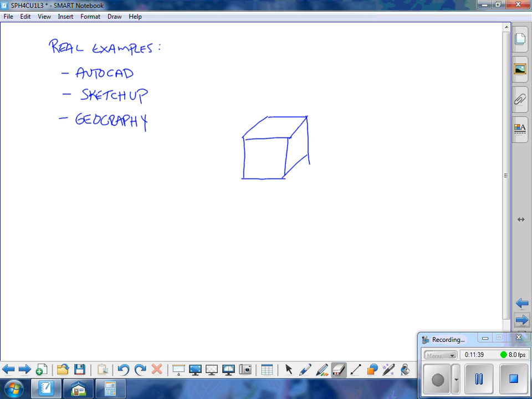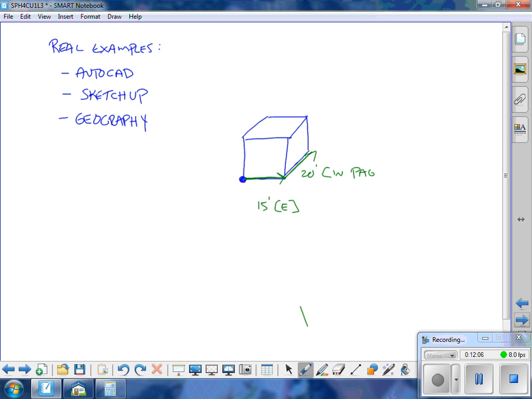Now, with AutoCAD and SketchUp, see if I can draw my house. Okay, so there's my house. AutoCAD or SketchUp always has that reference point, right? That's where the house starts. What it does is it says, oh, this wall, here's the vector. So this wall is, say, 15 feet east. This wall is 20 feet, and it's going into the page.